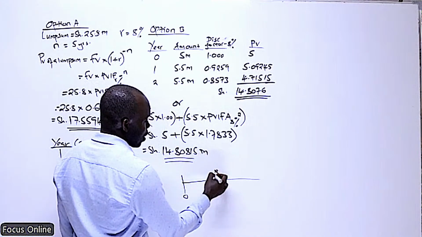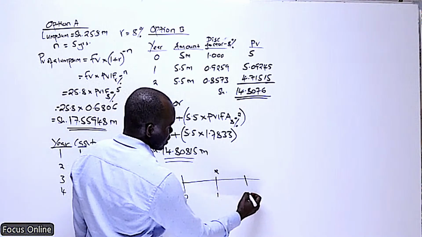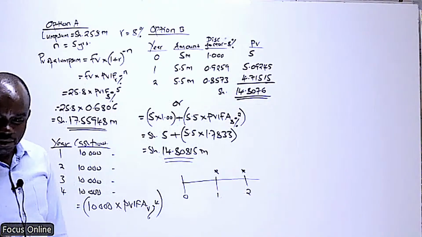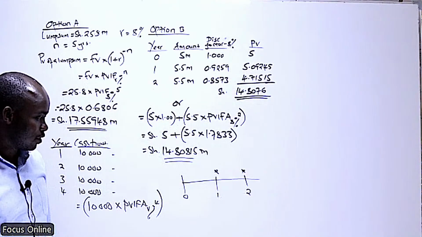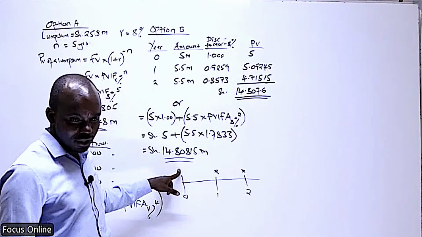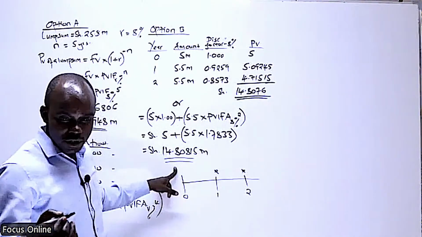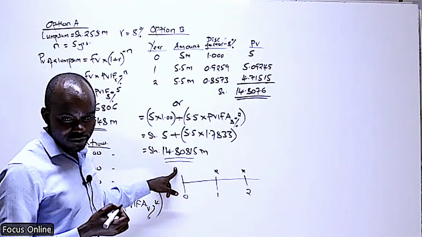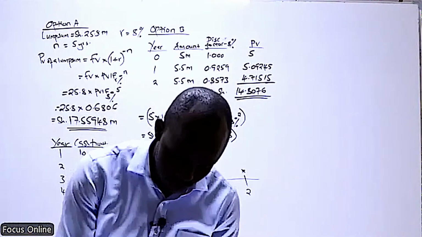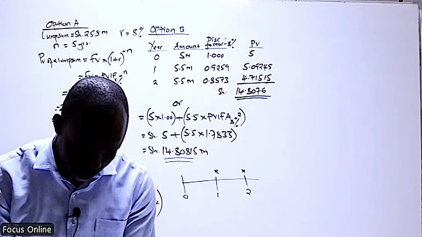Remember, we talked about annuities that are paid at the beginning of the period and annuities that are paid at the end of the period. If we were told that the amount will be paid at the beginning of each period, it would have been an annuity due. But in this case, let's go back to the question. It's also important to recheck.